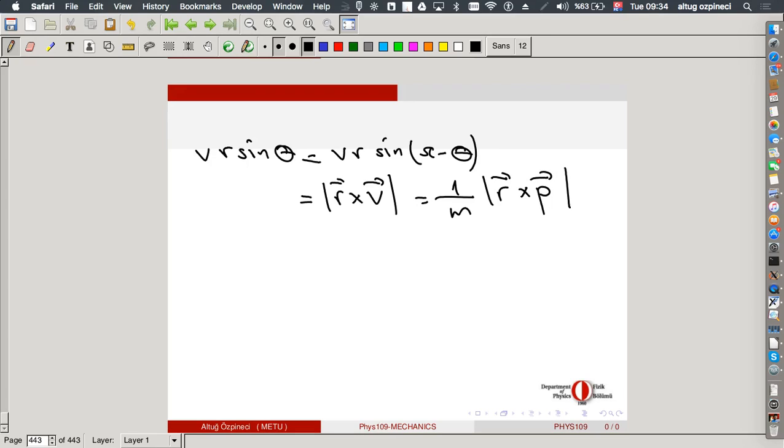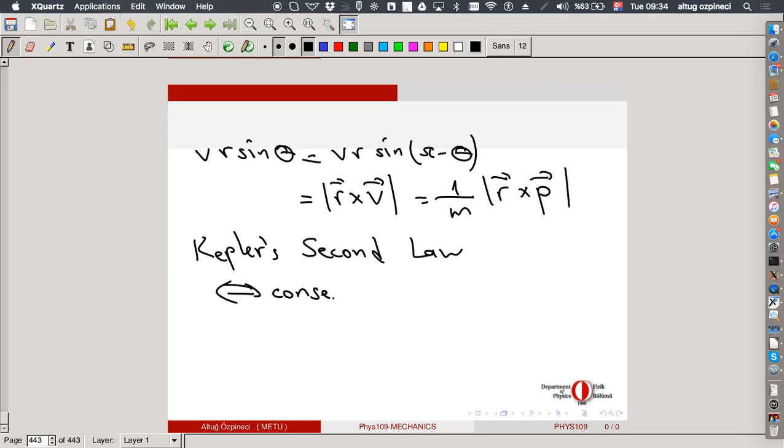Now, does this remind you of anything? R cross P? It's the angular momentum. So this basically states that Kepler's second law is nothing but the conservation of angular momentum.